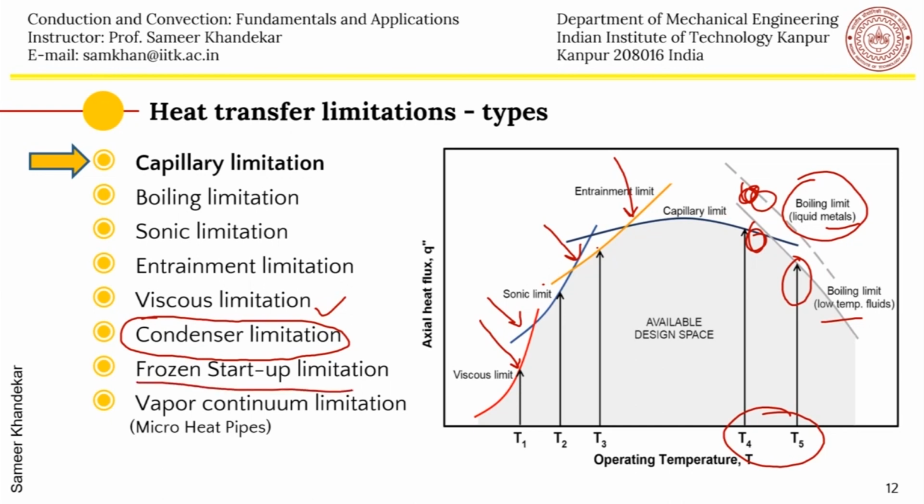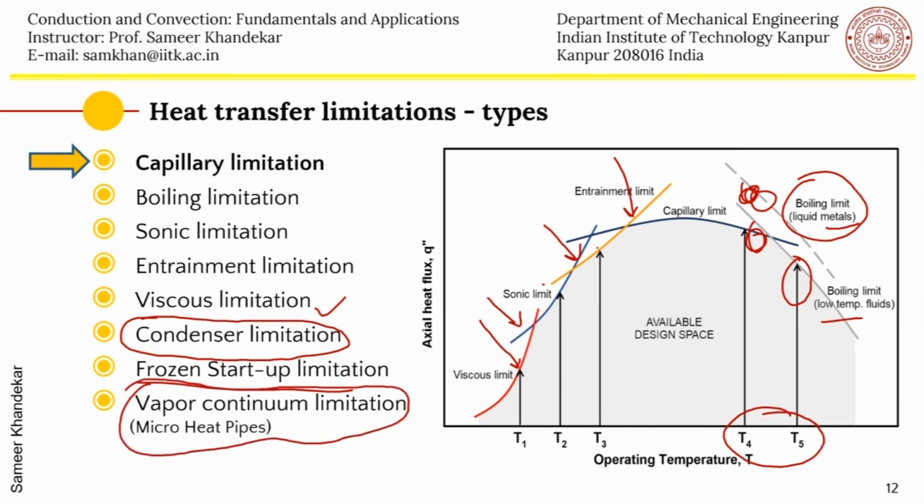For very small heat pipes, you can also have a vapor continuum limitation, but we will not discuss much about it in today's lecture. What we are going to focus on is the capillary limitation. This is the most important limitation, and any heat pipe designer in the mid operating range between the freezing point and the critical point, at the critical point, of course, it will come down somewhere here.